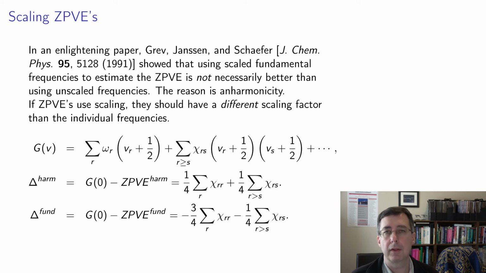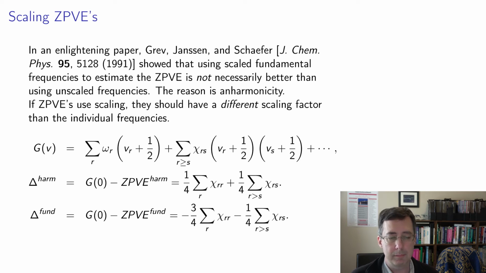Then suppose I'd say, well, instead of using a harmonic approximation to the zero-point energy, I'm going to use a fundamental frequency approximation, where I'm using the true anharmonic frequencies, which is what I'm approximating if I do a scaling of the harmonic frequencies. So if I scaled my zero-point energies, I'm approximating this fundamental ZPVE.